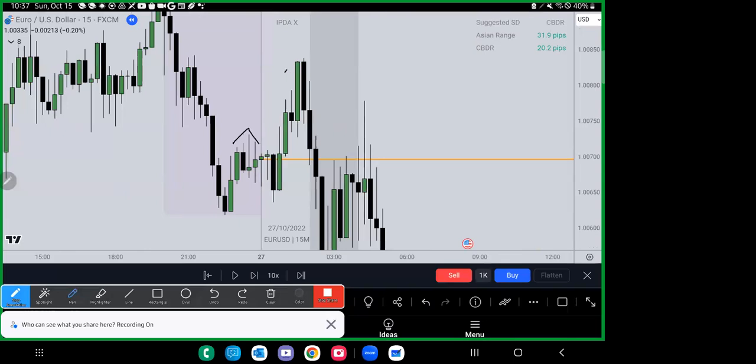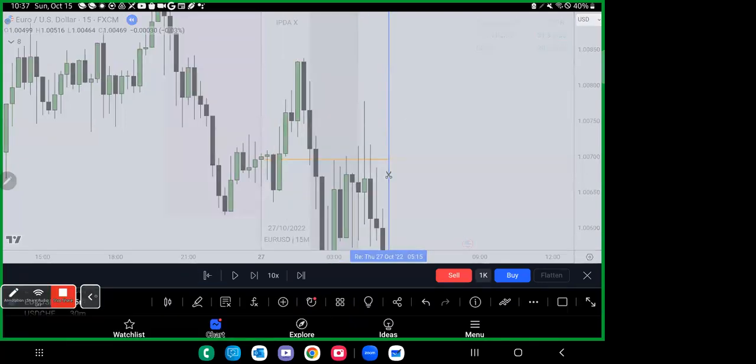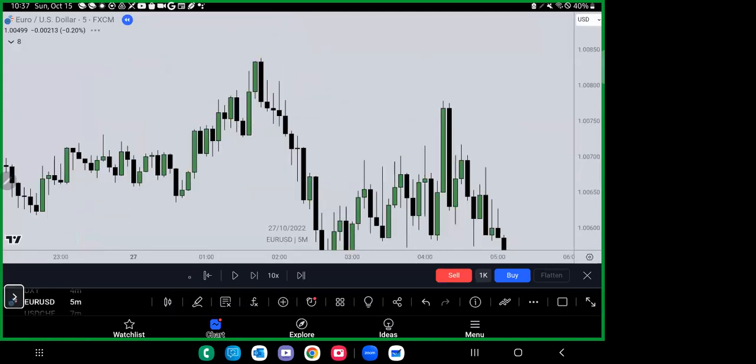Short term, intermediate, what's my anticipation? The other short term, right? Inefficiency, what can I view this as? Breaker, up, down, right? So if I go to a lower time frame, we'll see that breaker, maybe even a 5-minute.